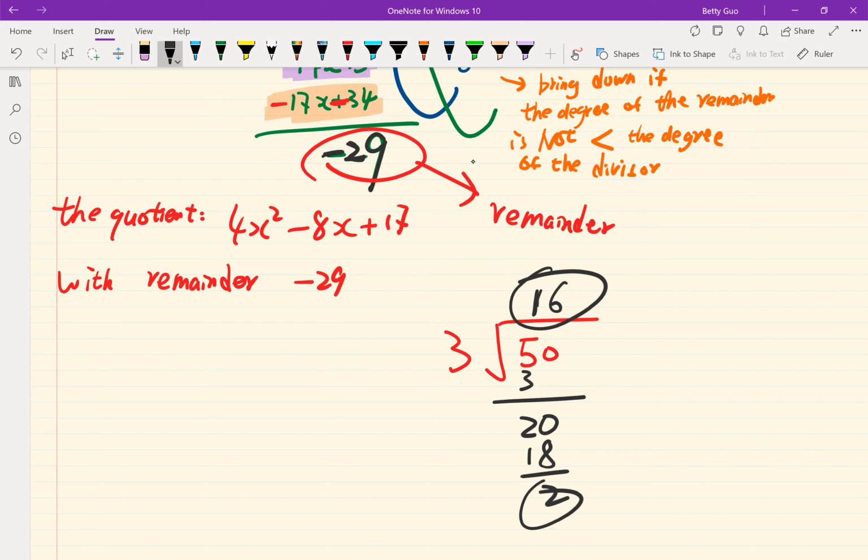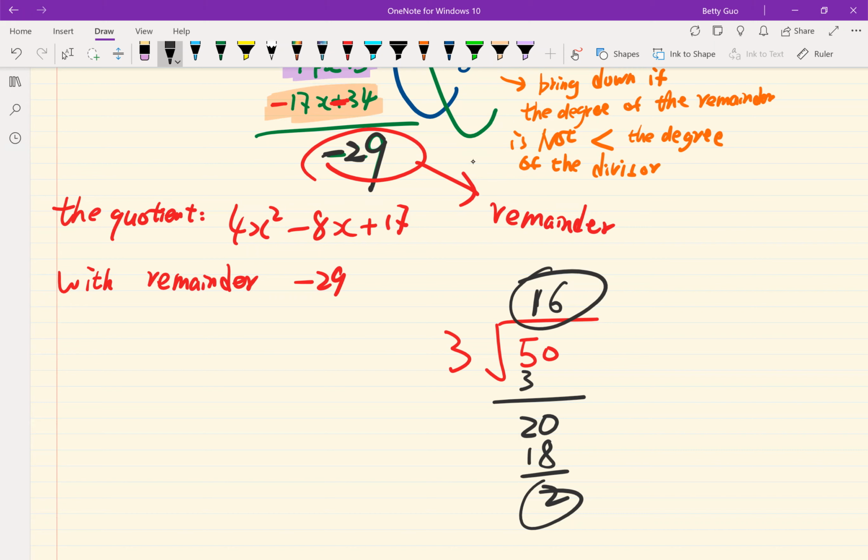Does that make sense? When we divide 50 by 3, we got a quotient 16 with remainder 2. It means 3 does not go into 50 completely 16 times. After 3 goes into 50 16 times, we still have a remainder 2, right? That's how we understand it when the dividend and divisor are numbers.